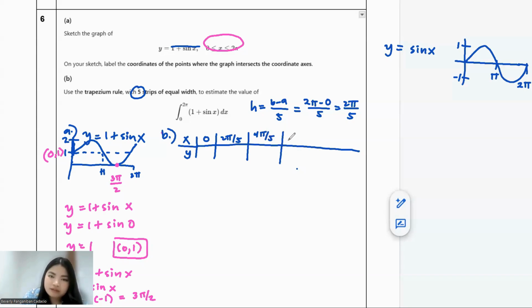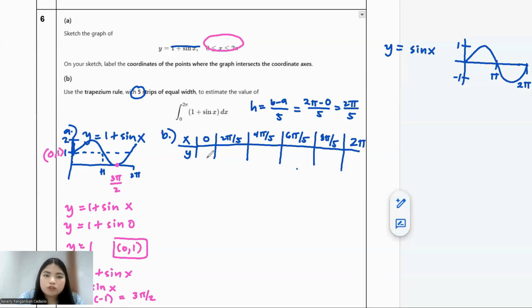Again, you can just add the numerators there because this is the same 5 at the denominator. Which is 6 pi over 5. And then we have 8 pi over 5. And lastly, you're going to have 10 pi over 5. That will give you 2 pi, which is the upper limit that we are aiming for.